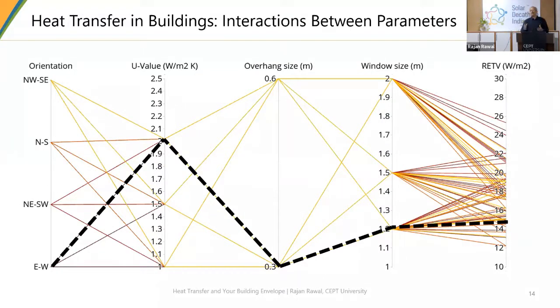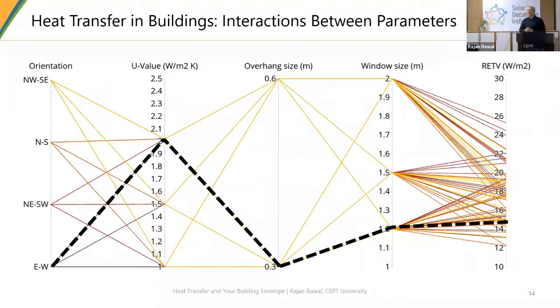So what may happen is that I have drawn 5 lines here. In the first line, somebody is trying to look at the orientation. In the second line, somebody is trying to look at the U value of the wall. In the third vertical line, you are looking at 2 kinds of overhangs, 1 foot, 2 feet.